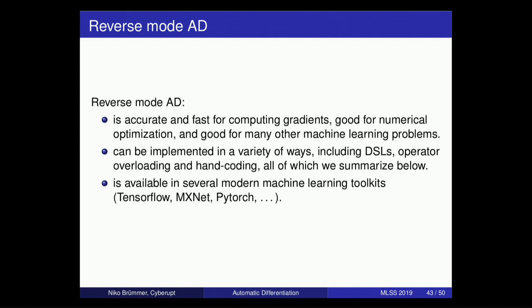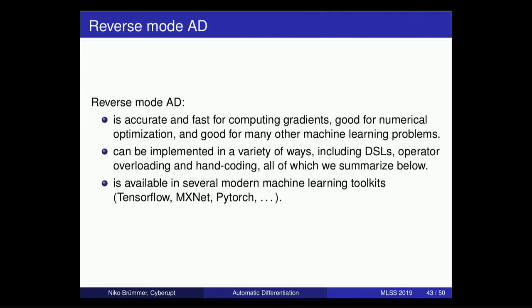It can be implemented in a variety of ways, including domain-specific languages, operator overloading, or hand coding, if you like, some of which I'll summarize below. And it's available in several well-known toolkits, and of course, other toolkits built on top of these things, like Keras and Edward. They're also equipped with those capabilities because it's in these basic tools.